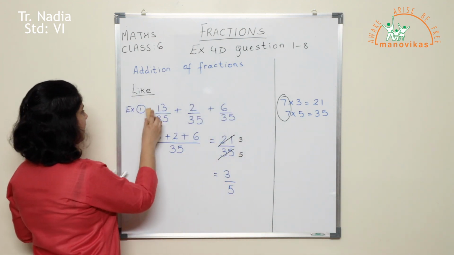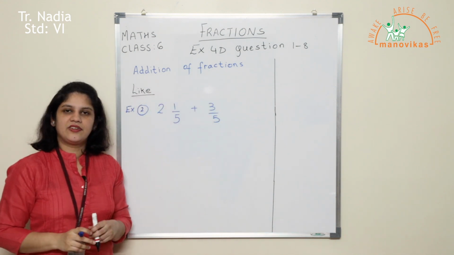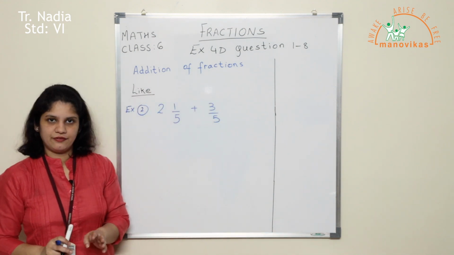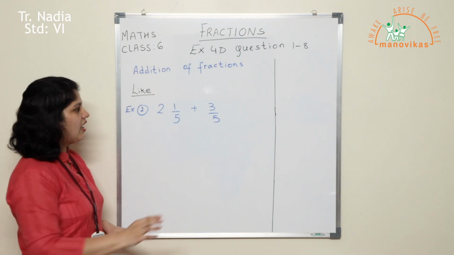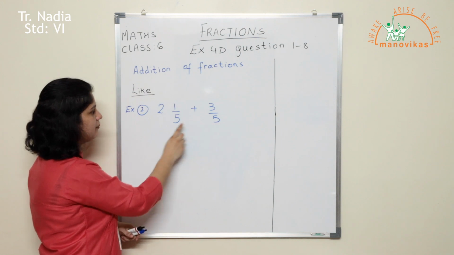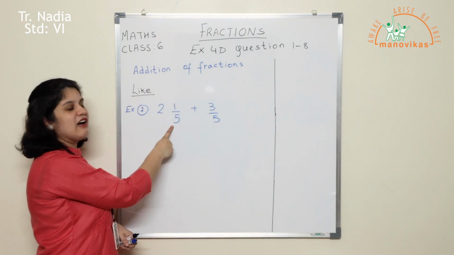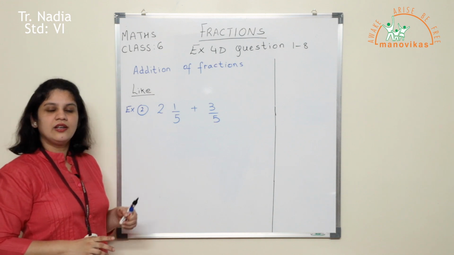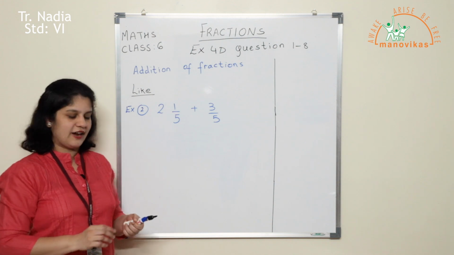Let's take another example. Here I have taken another example of like fractions. But this example is slightly different because here I have one fraction but the other is a mixed number. Whenever you have mixed numbers in the question, remember that first you have to convert the mixed number into a fraction.